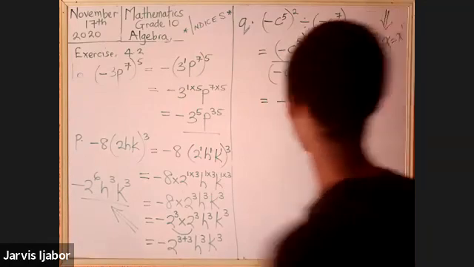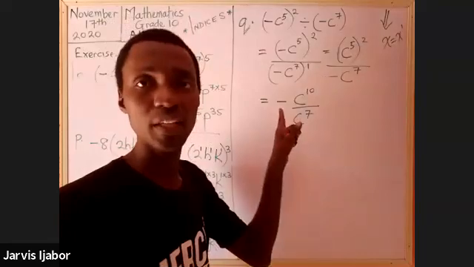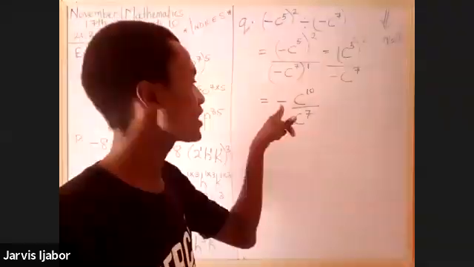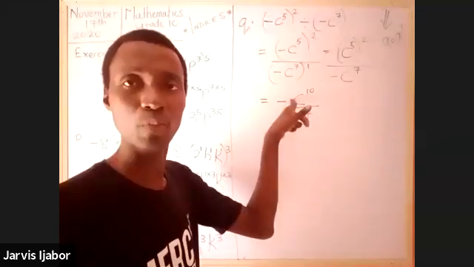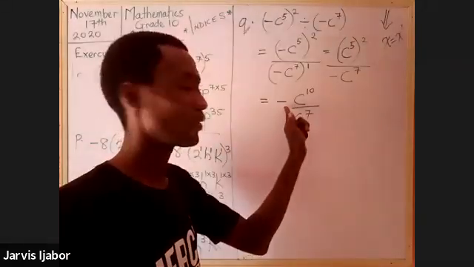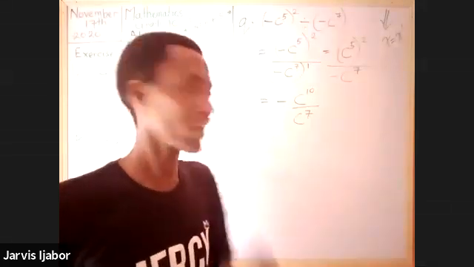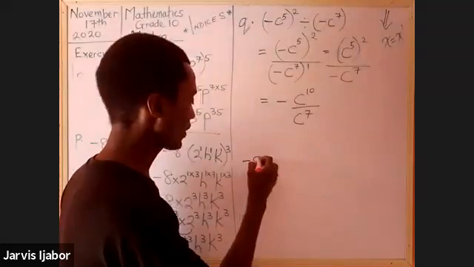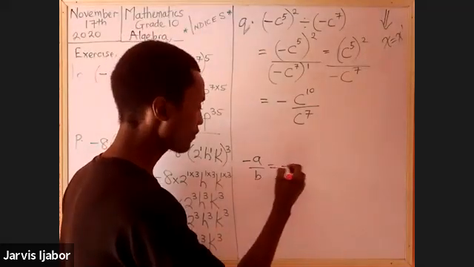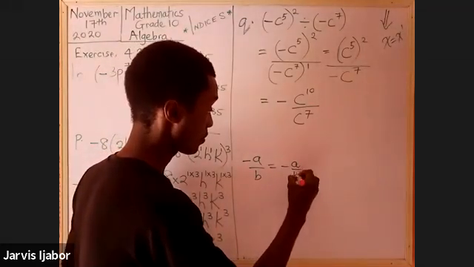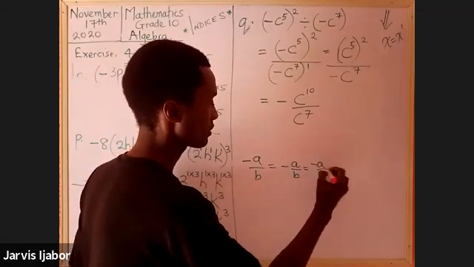Now, watch something. Usually, we put the negative either on the numerator or on the fraction. So I need students to be very careful. If I say negative a divided by b, I should have it like this or have it like this.